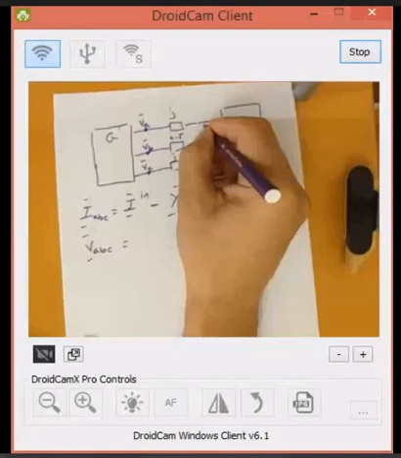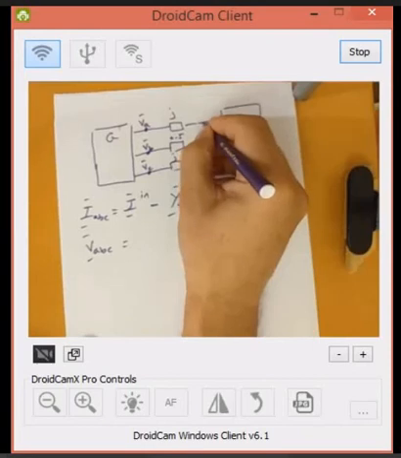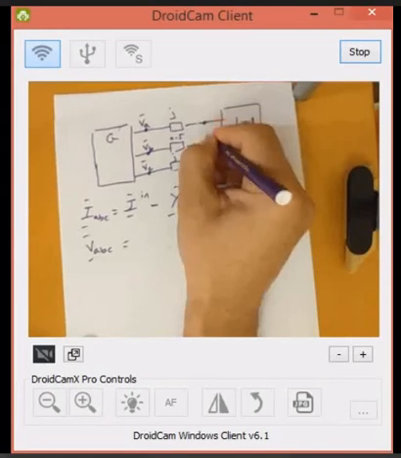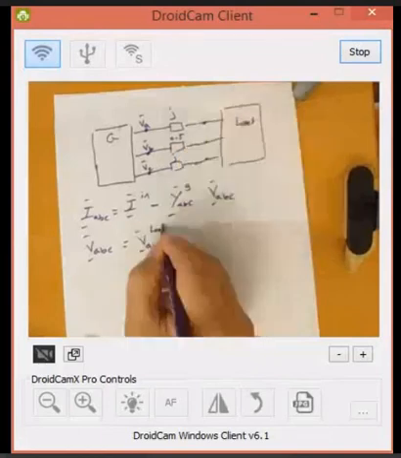Number 3 is also given: the voltage across the load, VABC load, equals Z load multiplied by IABC.